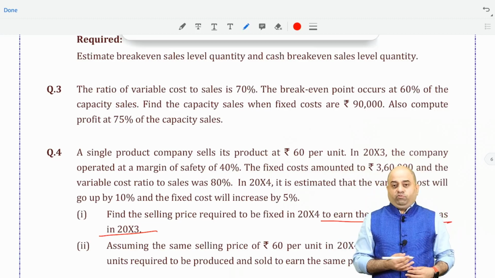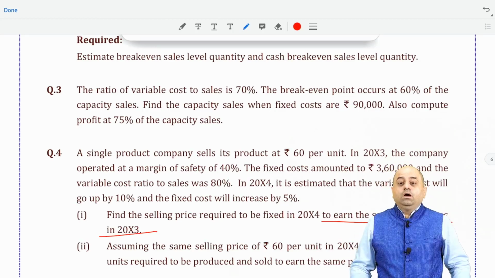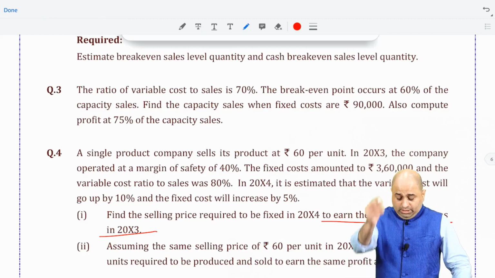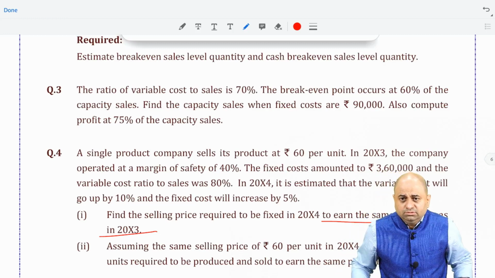So in this type of questions, always follow that. Don't forget that. Now I will discuss required part 2. Required part 2 simply says that make me invisible first.